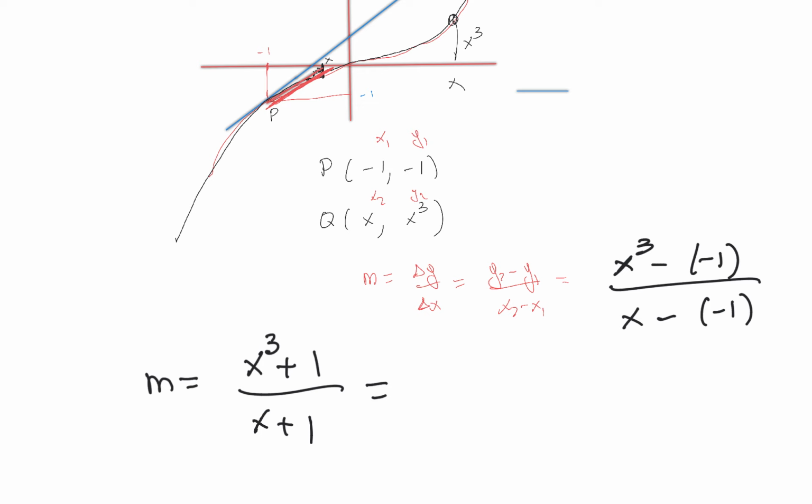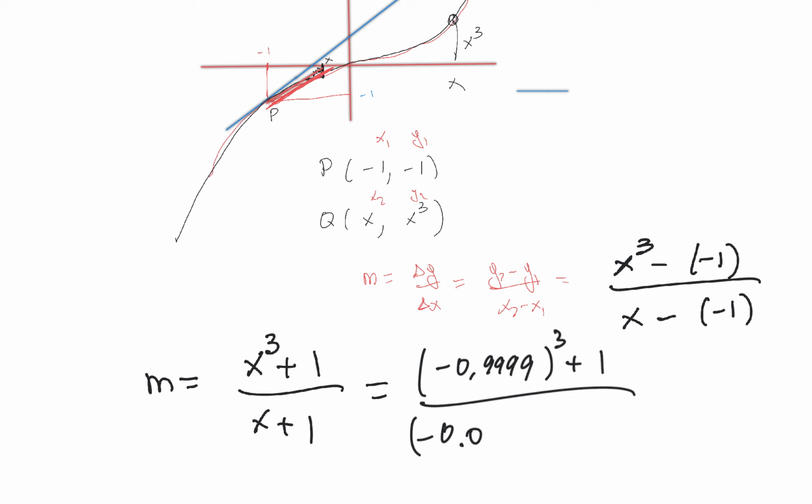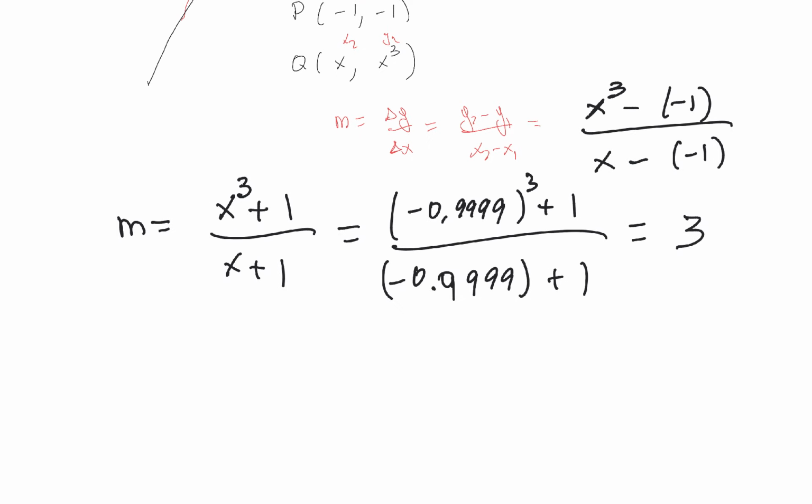You can find the slope by taking the point minus 0.9999, cubed, plus 1, divided by minus 0.9999 plus 1. And you know what it will be, this division, if you do it with your calculator? It's 3. But this is not the way we do it in mathematics.